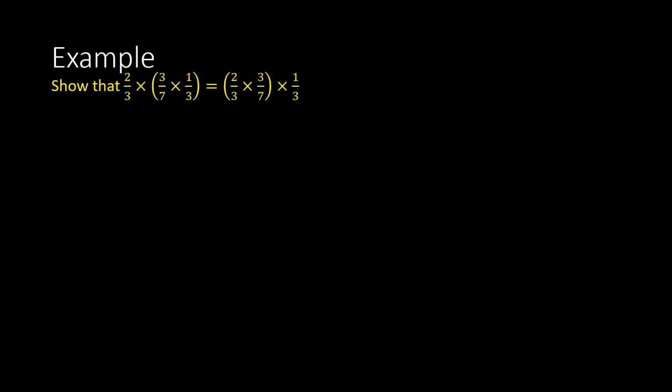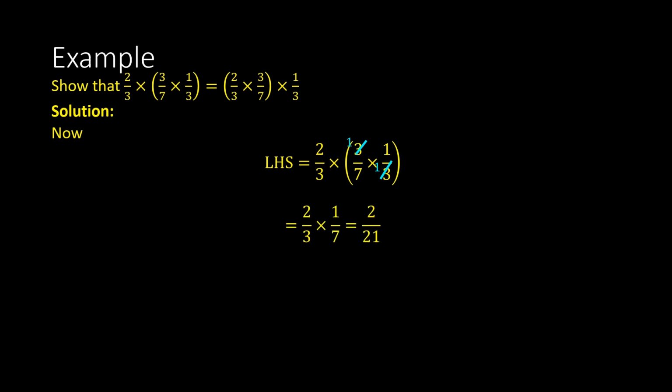Now let's have a go at the example on your screen. We need to prove or show that the two sides of the equation are actually equal. Let's take a look at the left-hand side first, as we did in the previous example. So, looking at the bit in the brackets first, we can see that the 3's in the numerator and the denominator cancel out, as shown, to give 2/3 times 1 over 7.